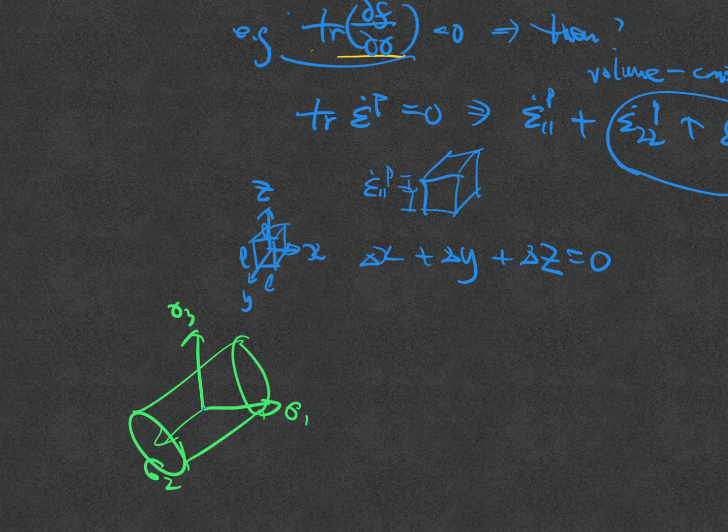This is the principal stress direction where sigma 1 equals sigma 2 equals sigma 3. This is the hydrostatic axis. You will find that all the circles along the hydrostatic axis share the same radius. Okay, so this is how it goes.